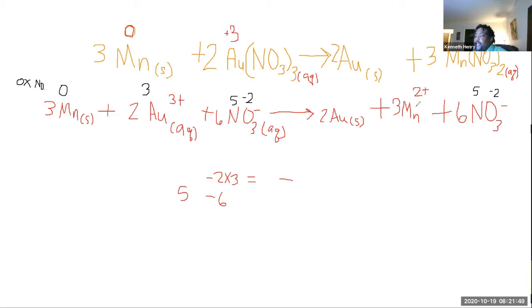The ion's charge. What is the ion charge here? 2. So then the oxidation number is going to be 2, right? What about gold? 0. That's right, 0.